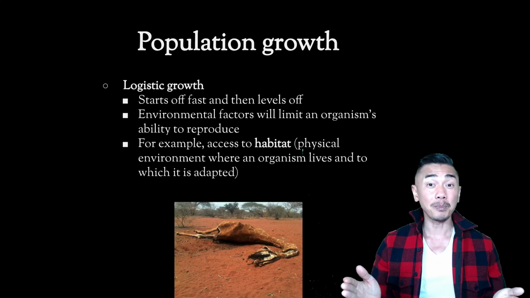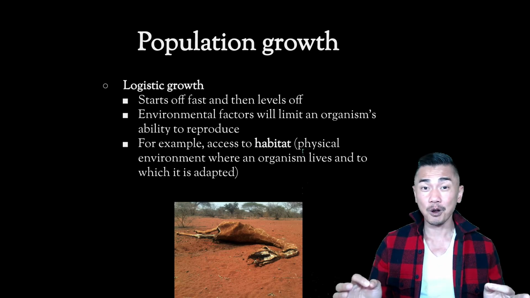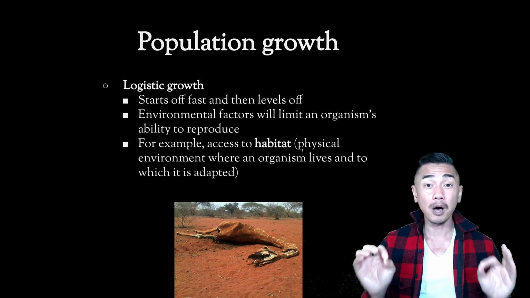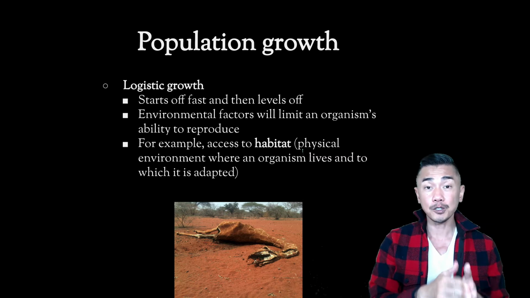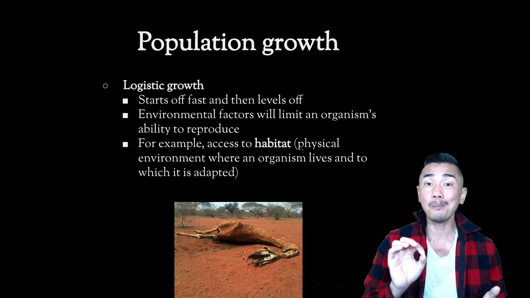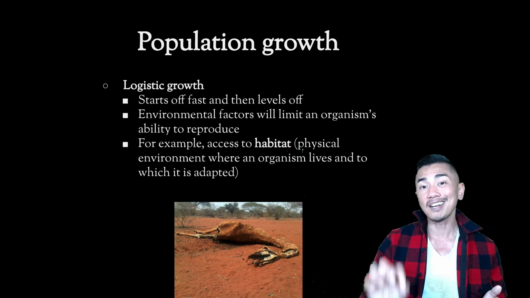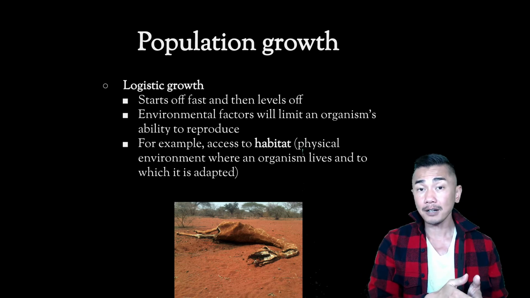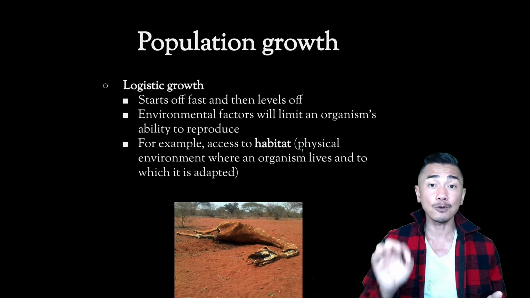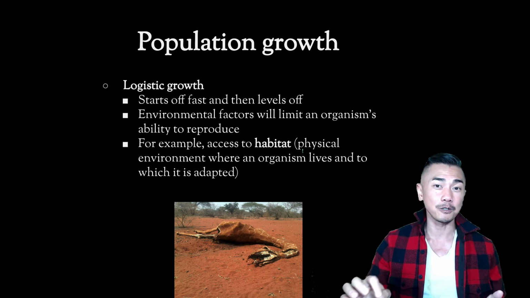The other type of population growth is called logistic growth. In logistic growth, population growth starts off fast and then levels off. This is because there's an initial abundance of resources and a later lack of resources. Environmental factors will eventually limit an organism's ability to reproduce.